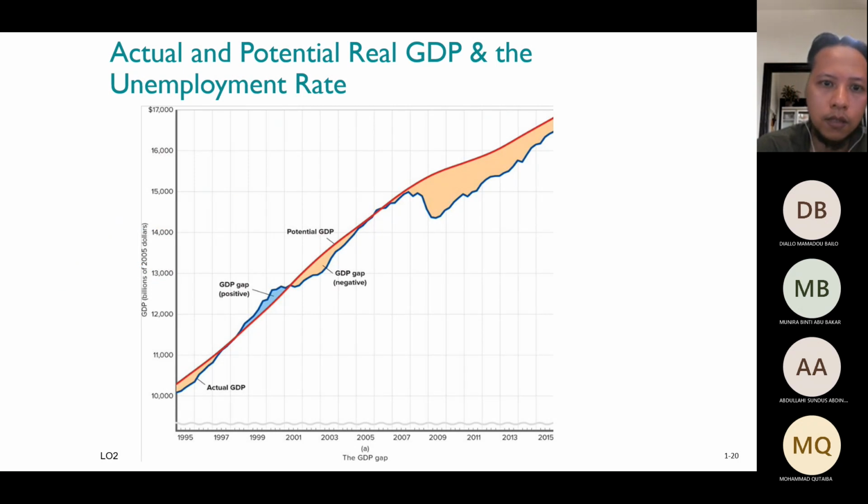Yeah. So if you look at the cycles, based on the unemployment and GDP, this is the actual GDP that happened in the US. Okay, but this is the potential GDP. So this area is the gap, which is basically a loss because of the unemployment, because you are not using your resources.